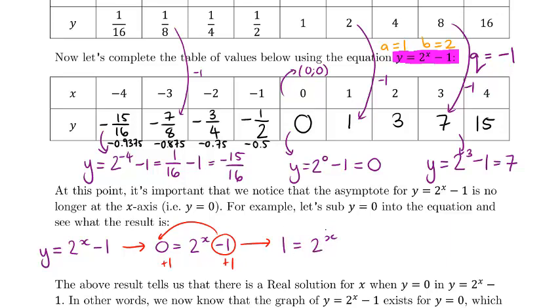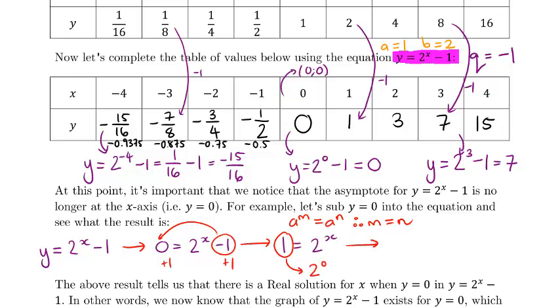Oh my goodness, I have an exponential equation where I'd really like it to be in the form a to the m is equal to a to the n, which can allow me to make the conclusion, therefore m is equal to n. And I can do that, guys, because guess what I can change 1 to? I can change 1 to 2 to the 0.